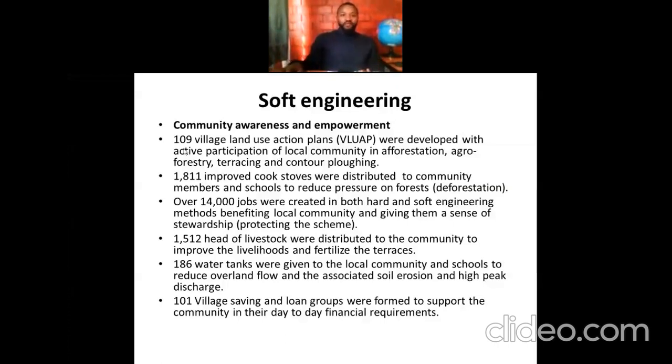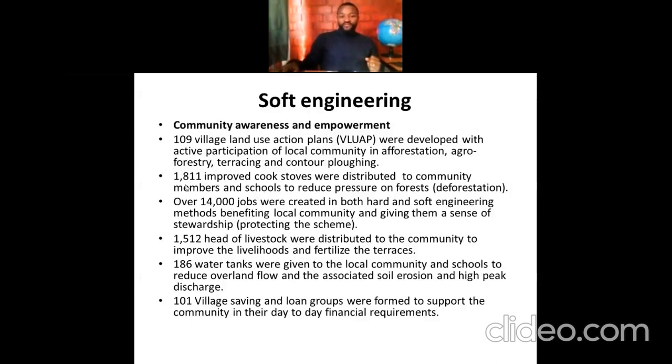Like 109 villages were formed to help in agroforestry, afforestation, terracing, and contour plowing. So they were sensitized to participate actively in these soft engineering methods.